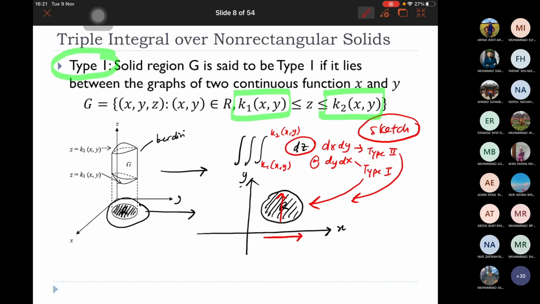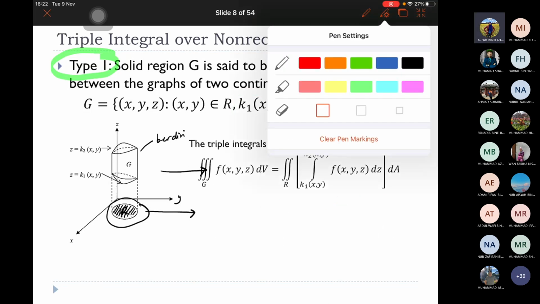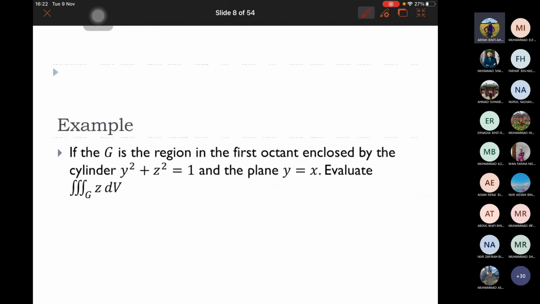Done eh? So the integration of this one akan jadi, the triple integral will be taking the integration over the bounded region G for the function of x, y and z dv, given that z will be the first one you are going to integrate.